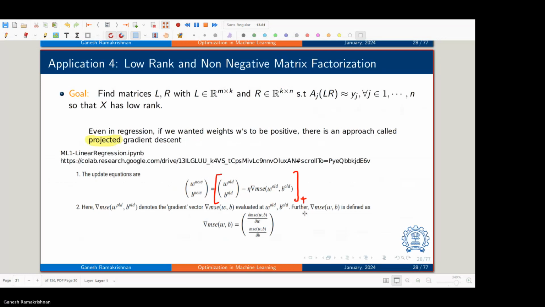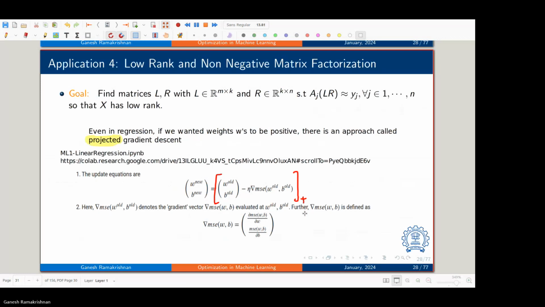So what would I do in my case? For non-negative entries, I take L equals L whole plus.